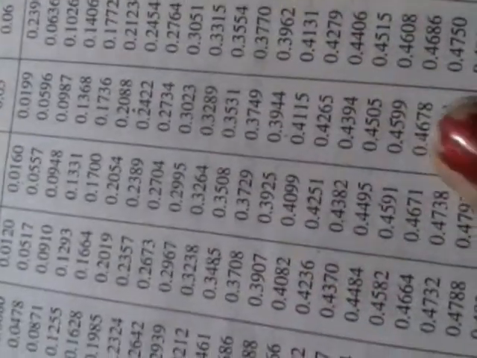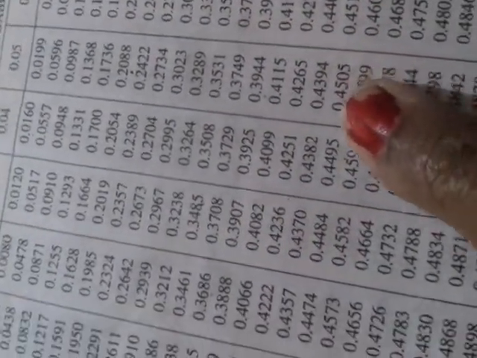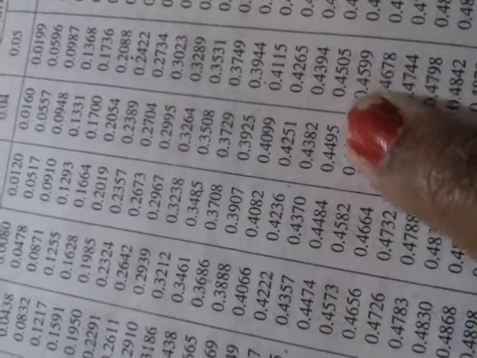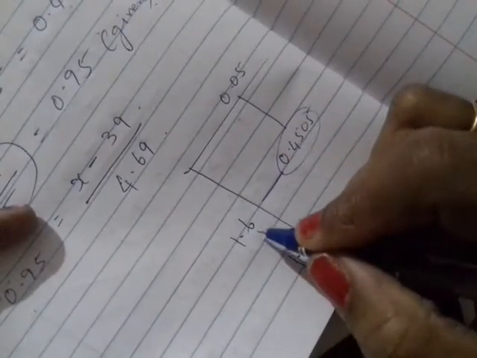And row-wise you check: the row is 1.6. Clear? 1.6 and 0.05. So the table value we found is 0.4505, and the corresponding row and column are 1.6 and 0.05.